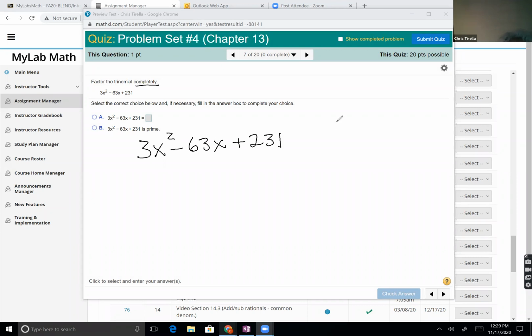I see the word completely, so I'm wondering, is there anything in common? Anybody have a calculator with them? I'm thinking 3 is a common factor.